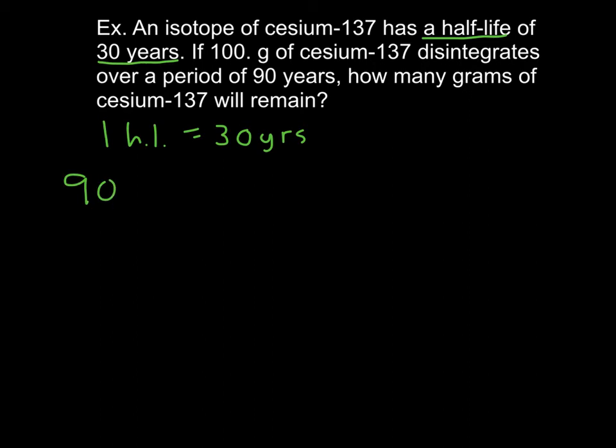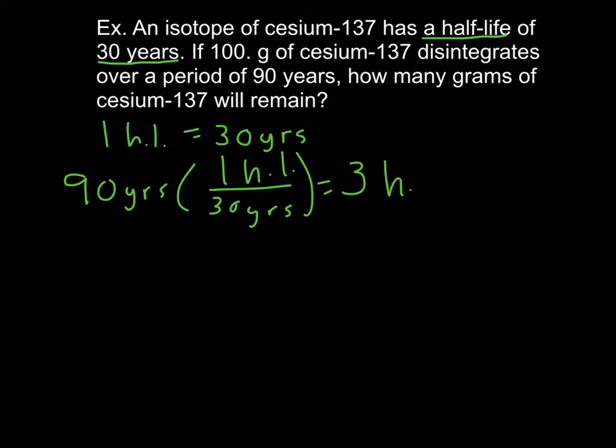So 90 years, we want to get rid of years, so we're going to put 30 years on the bottom and one half-life on top. When we do that, we find out that this particular sample of cesium-137 has undergone 3 half-lives.